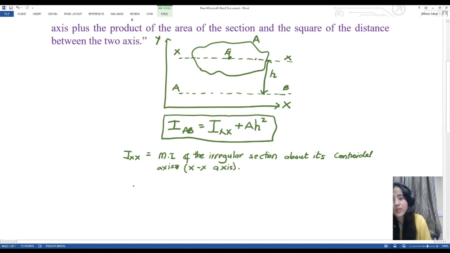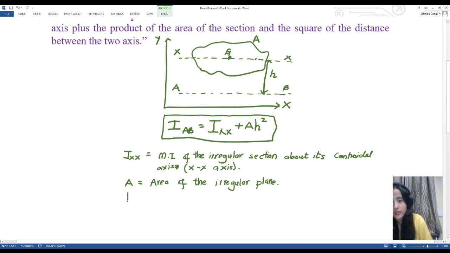Okay, now what is A? A is the area of the irregular plane. Right?